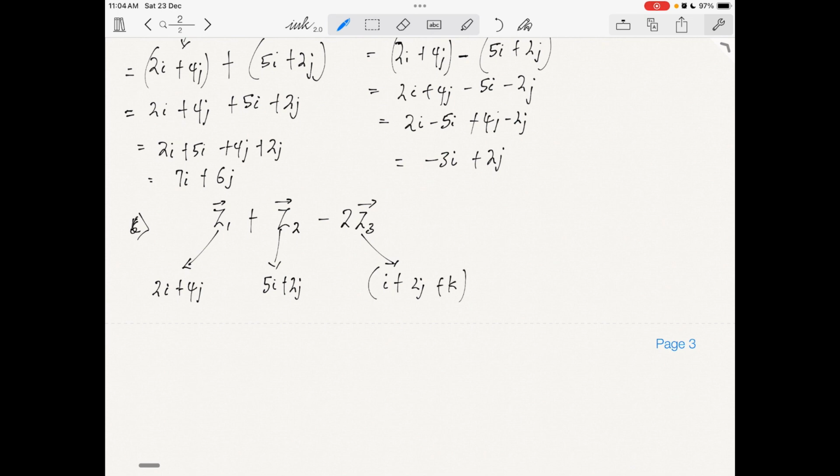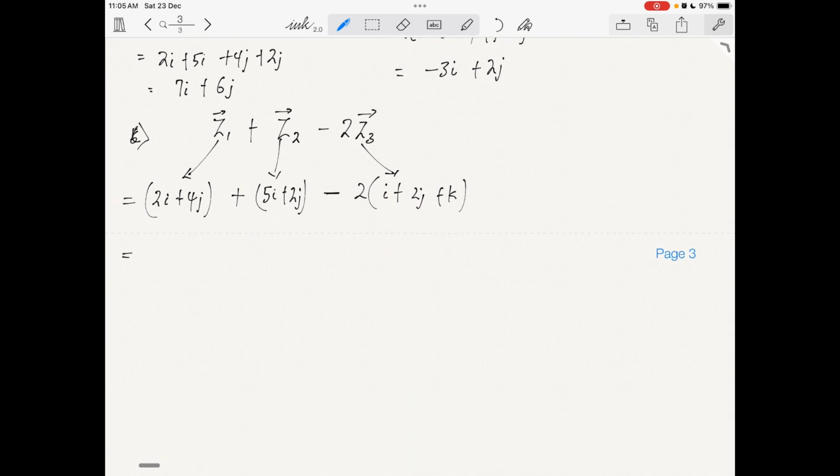Now, this is multiplied by 2, and there is a minus sign there, there is a plus sign here, and we add our brackets. So now we just have to open up the brackets responsibly.